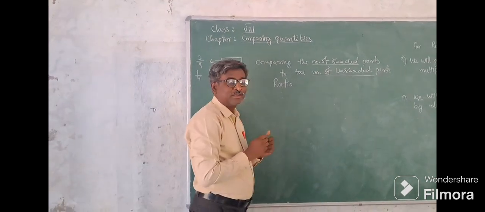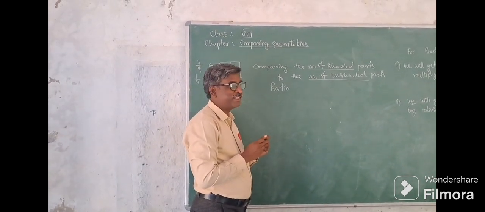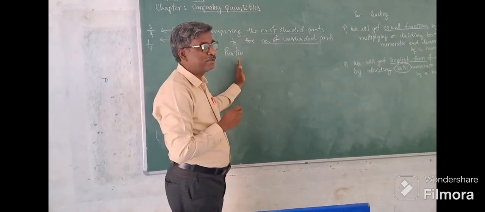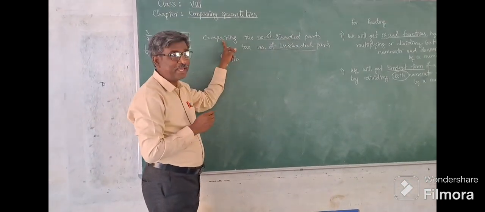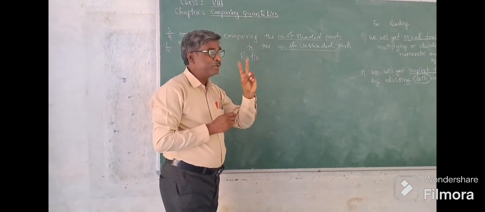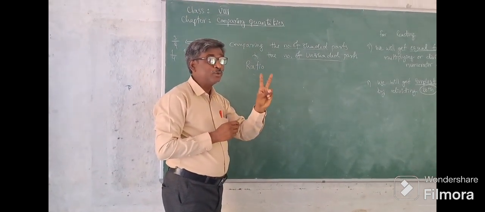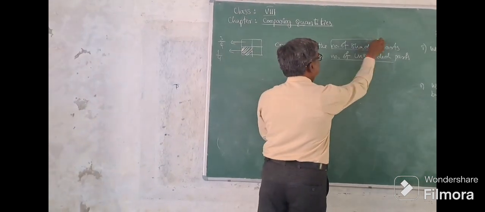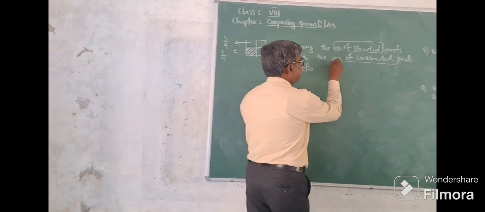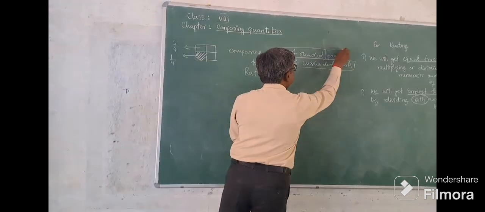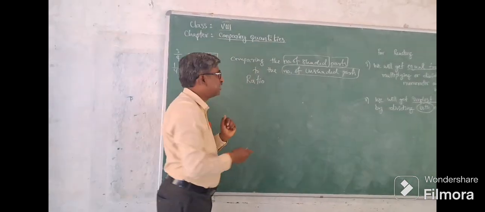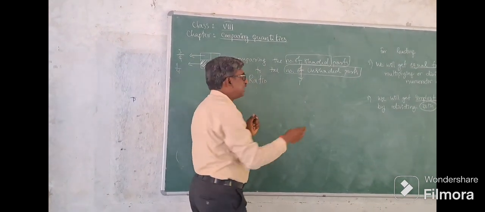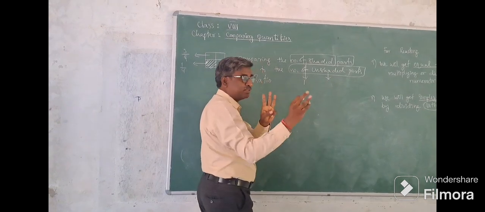That is ratio. Ratio is the concept which helps us to compare two things or two quantities. Here the first quantity is the number of shaded parts, the second quantity is the number of unshaded parts. Shaded parts are 1 and unshaded parts are 3.